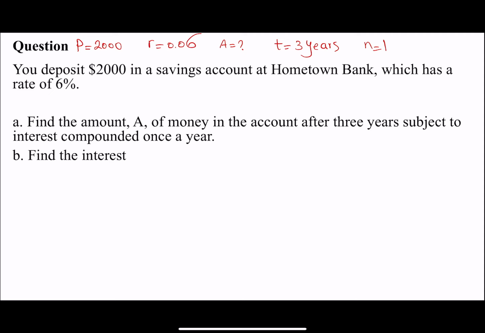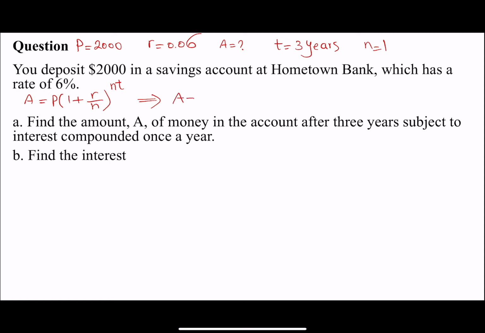And part B, find the interest. I know that future value is equal to principal times 1 plus r over n, to the power of n times t. n is equal to 1, so I just plug in 1 for n.